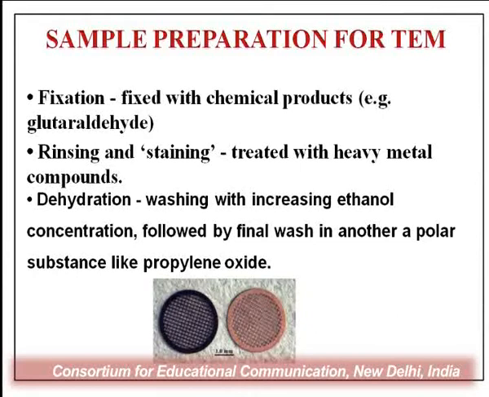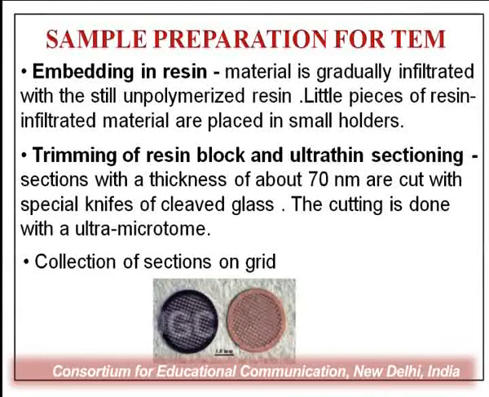After that, rinsing and staining, treated with heavy metal compounds. Then dehydration, washing with increasing ethanol concentration, followed by a final wash in another apolar substance like propylene oxide. After that, the sample is embedded in resin.